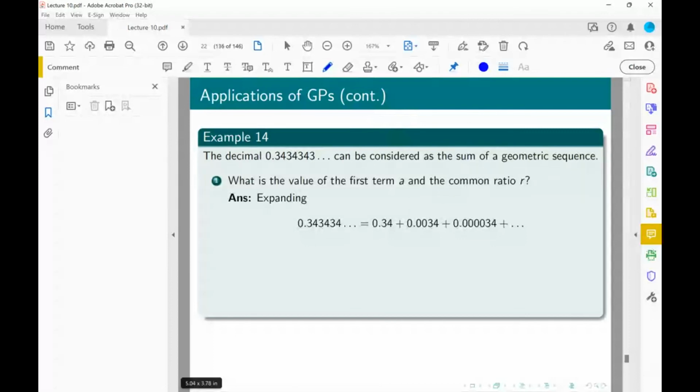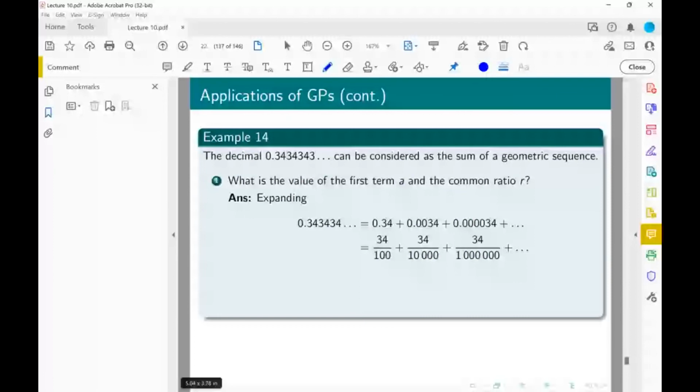I would note that it's 0.34 from the first 2 digits, plus 0.0034 for the third and fourth digits, plus 0.000034 for the fifth and sixth digits. And this pattern is going to continue in this form. The first term is 34 over 100, the next term is 34 over 100 squared, and the next term is 34 over 100 cubed. So we're going to get this expression, which simplifies as this.